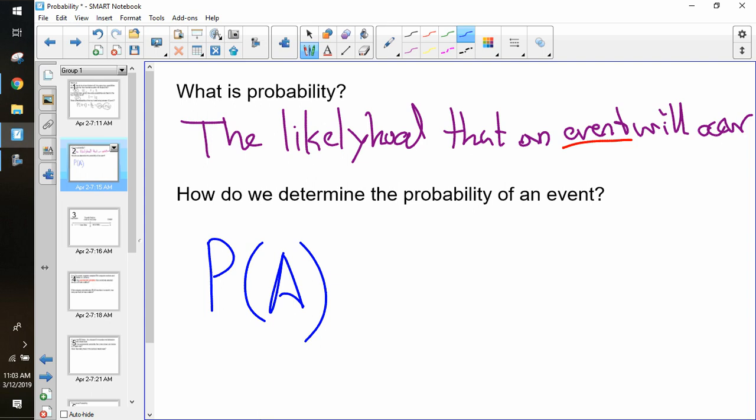So if I'm talking about the probability of rolling a 6, I might put P parentheses 6. That's reminding me I'm looking for the probability of getting a 6. So let's just say event A is some type of event we're looking for.